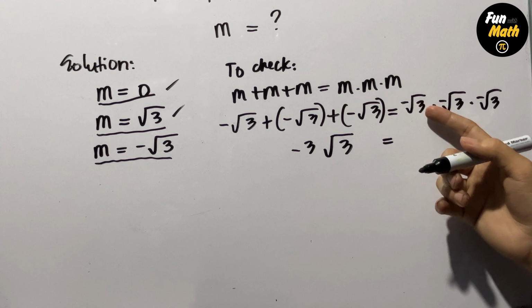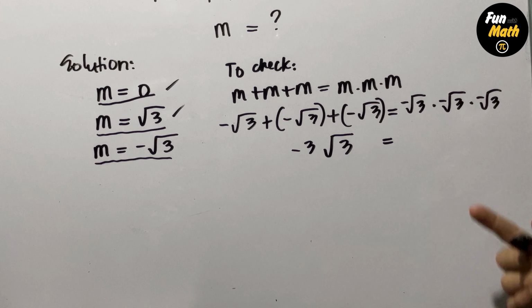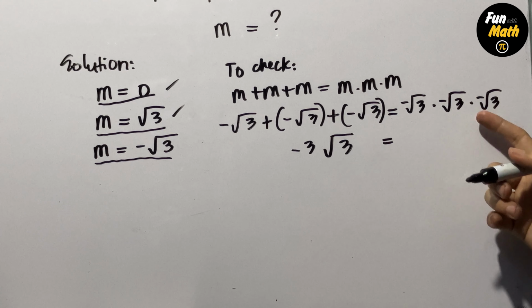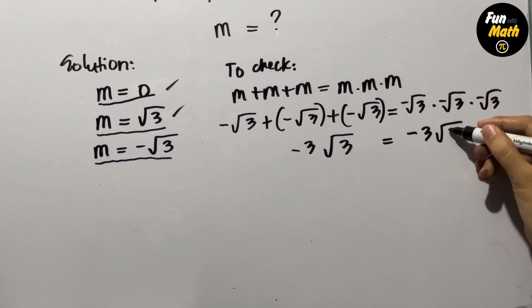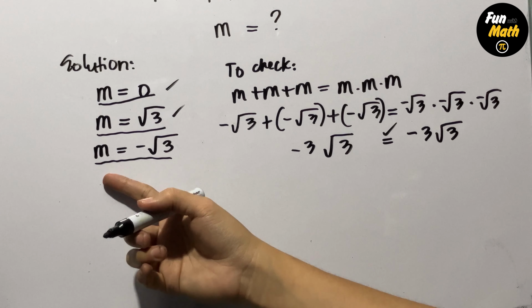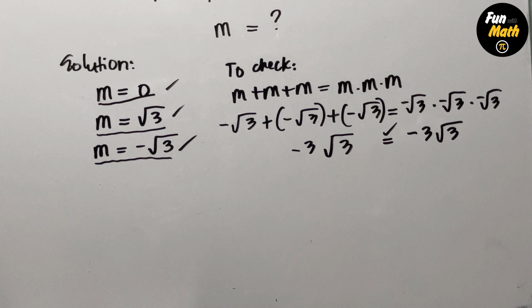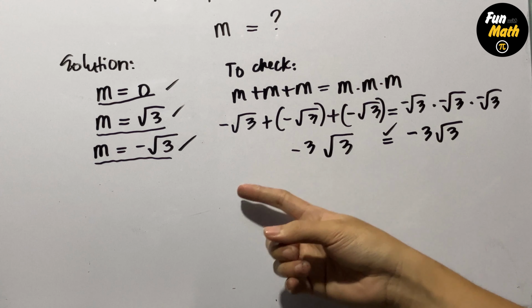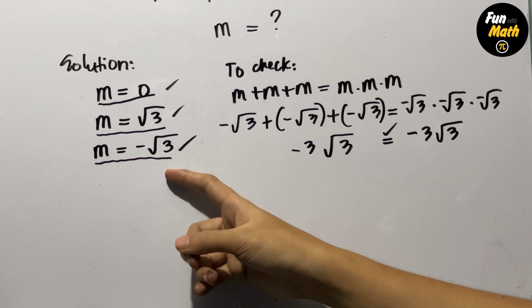Negative square root of 3 times negative square root of 3, that is positive square root of 9. And square root of 9 is equal to 3. So 3 times negative square root of 3, that is negative 3 square root of 3. So they are equal. That means the third value of m, which is equal to negative square root of 3, is also correct. Therefore, m plus m plus m is equal to m times m times m. The values of m are 0, square root of 3, and negative square root of 3.